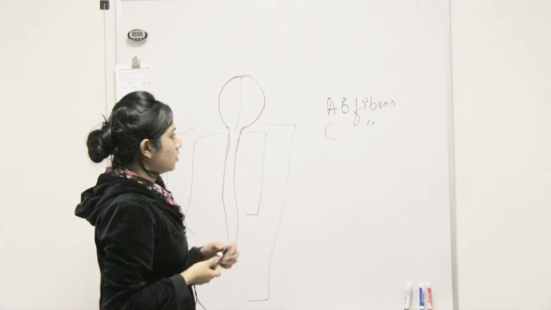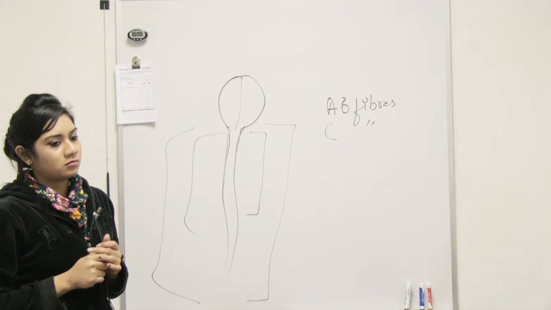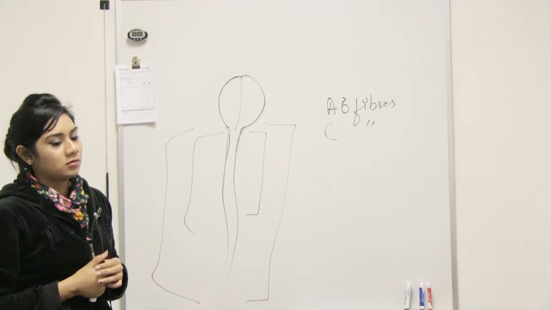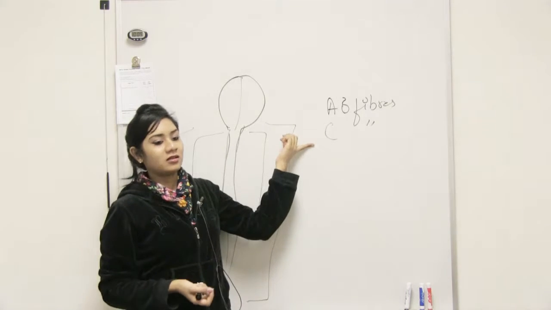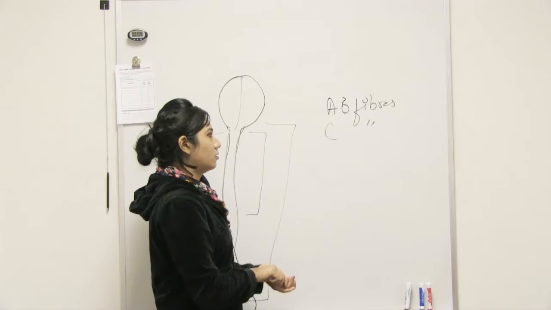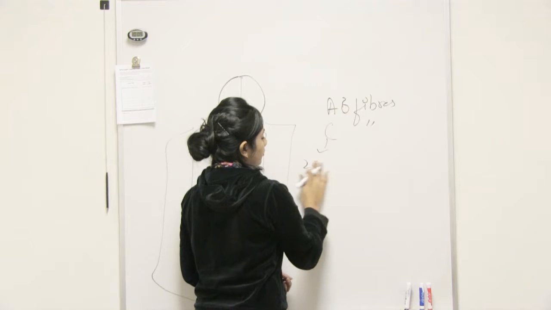Okay. And what do C fibers do? The C fibers carry smaller impulses. They're unmyelinated, so they process the information slowly, covering about 2 meters per second.